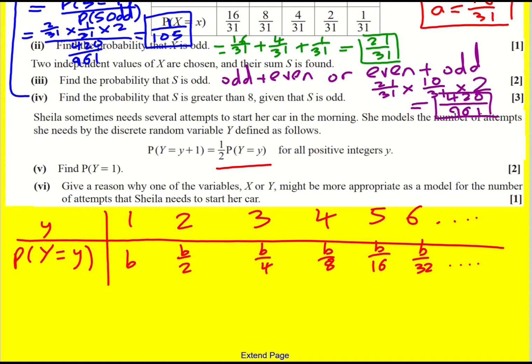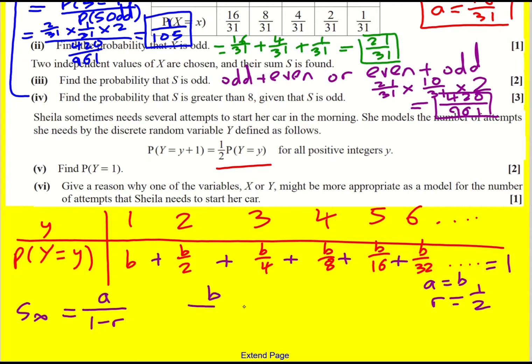So it must be that, again, the summation of all of these is equal to 1. My first term is b. My common ratio is equal to a half. I don't really want to write down a equals, I will. A equals b. Okay, this is my geometric sequence now. So it must be, remember, the sum to infinity is in the formula book, a over 1 minus r.